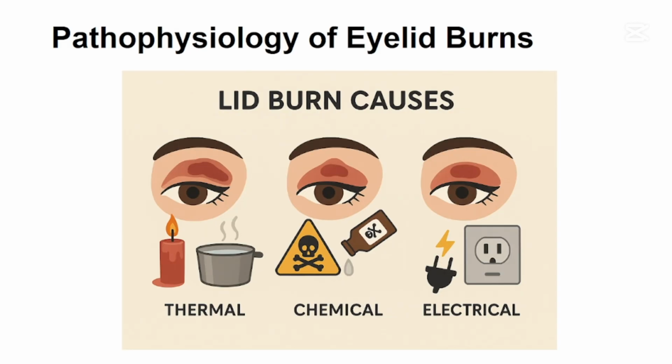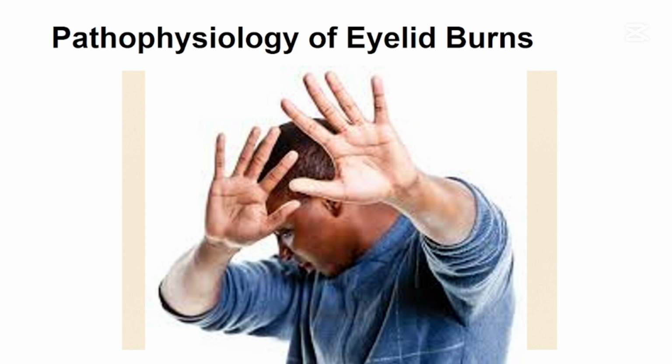So lid burn can be due to thermal injury, chemical, electrical, as well as sometimes radiation injury. So thermal injury, how is it? The heat comes generally from flames as well as hot water and hot liquids. Generally speaking, for any injury to the eye, you have protective mechanisms.